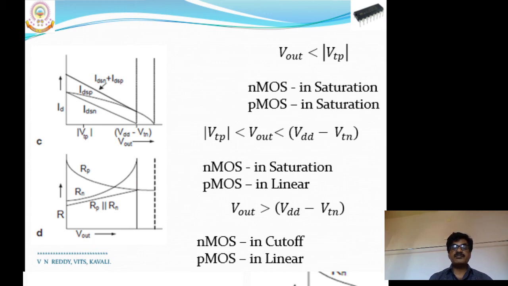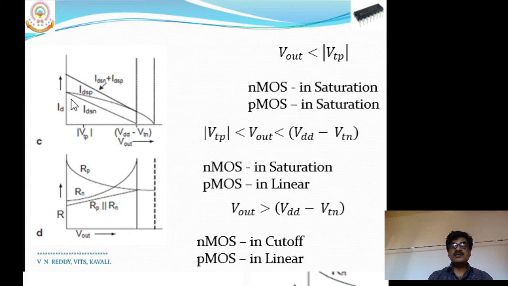I said in the pass transistor case, while transmitting logic 1, if the output voltage is greater than VDD minus VTN, what is the state of the Nmos transistor? It goes to off state. Now the Nmos transistor goes to cutoff, whereas the Pmos transistor operates in the same linear region.